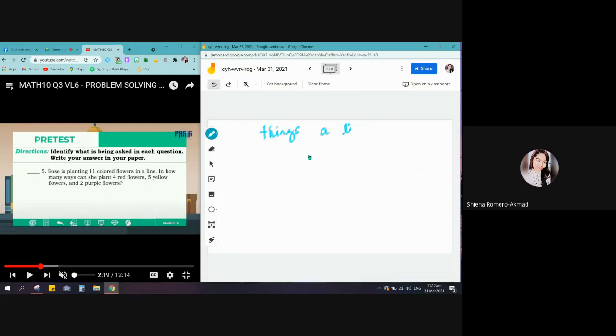Things are alike. So, anong gagamitin nating formula dito? We will use the formula for distinguishable permutation, which is permutation equals n factorial divided by n a factorial times b factorial times c factorial and so forth.